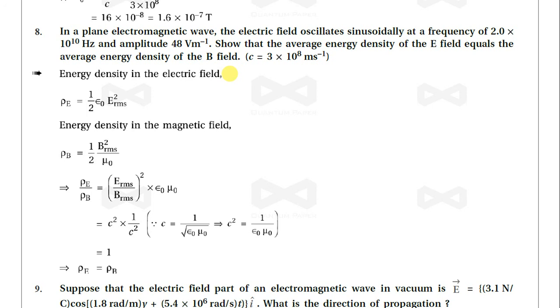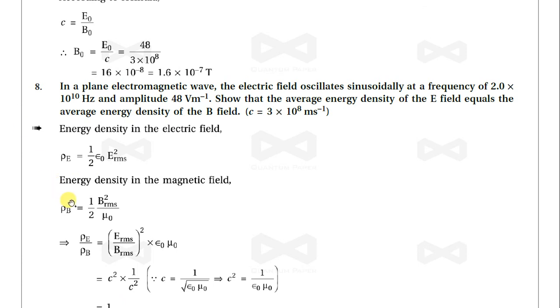The energy density of the electric field, rho E, is equal to 1/2 epsilon 0 E squared (RMS value). Epsilon 0 is the permittivity. The energy density of the magnetic field, rho B, is equal to 1/2 B squared RMS upon mu 0.